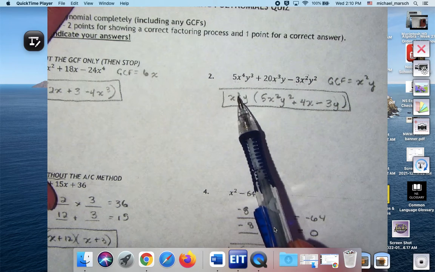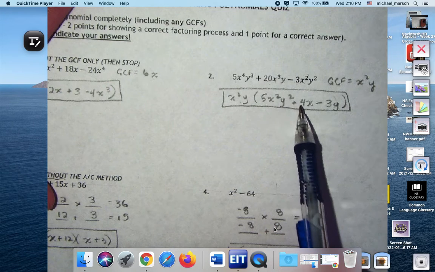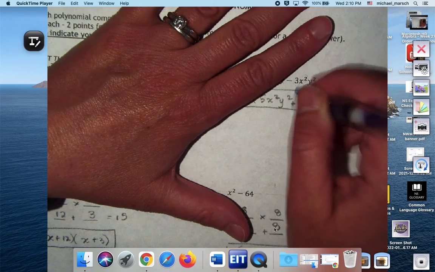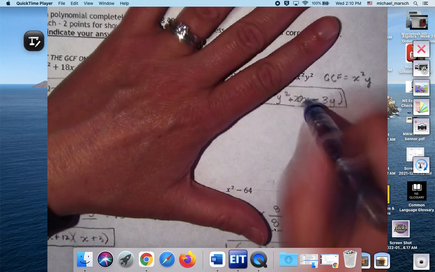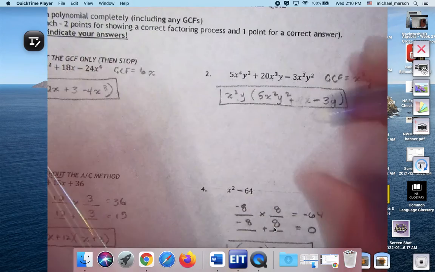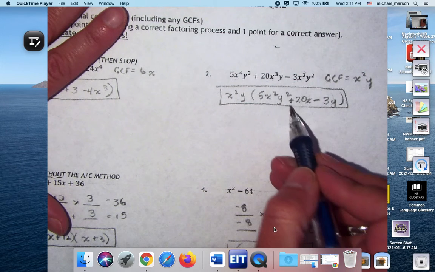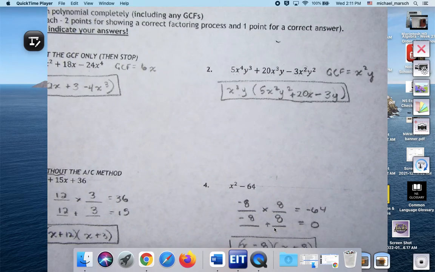What times this will give me the middle term? So it has to be 4x. Oh, it is 20x. Yep. And then the last one is 3y, negative 3y.